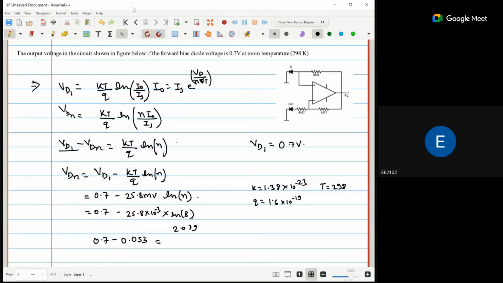So the value is 0.7 minus 0.053, that is 0.647. That is my voltage.